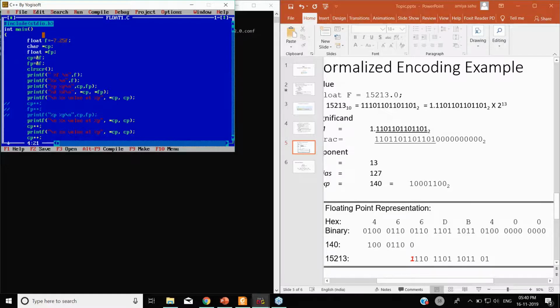Let me change it to the value of the example that we have taken in the slide. The value is 15213.0. And what I did is I took a character pointer CP.